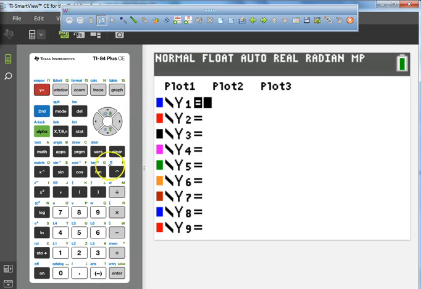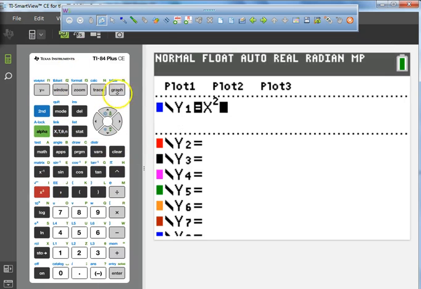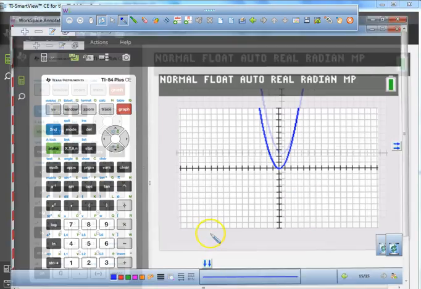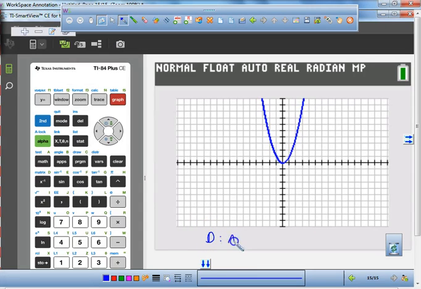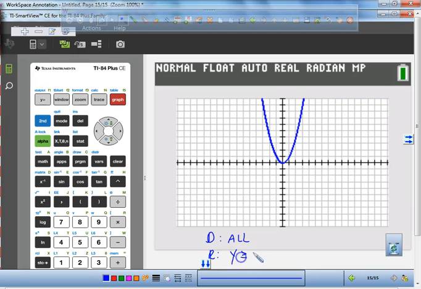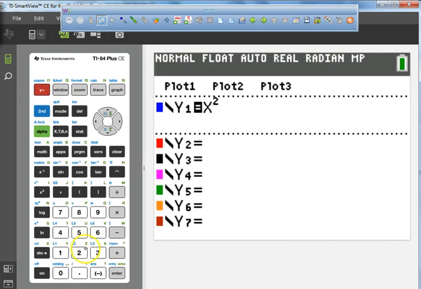If I said y equals x squared, what's the domain? The domain is all real numbers. The range is y is greater than or equal to 0. That's the lowest that it gets. Last one. y equals 2 to the power of x.